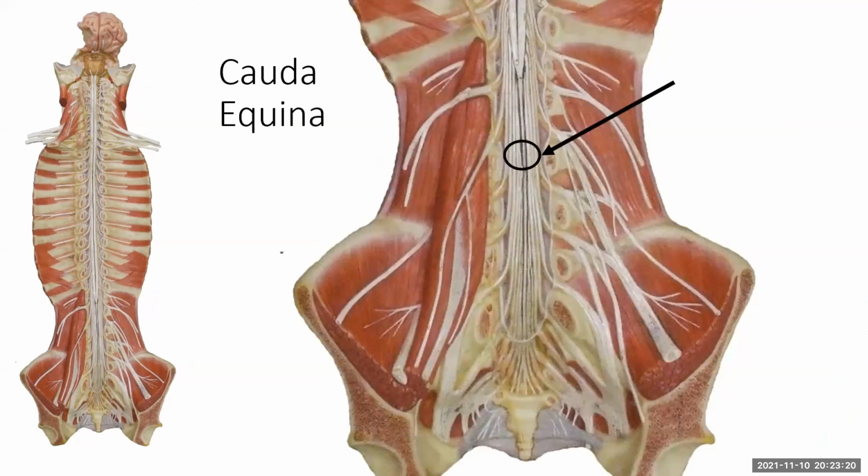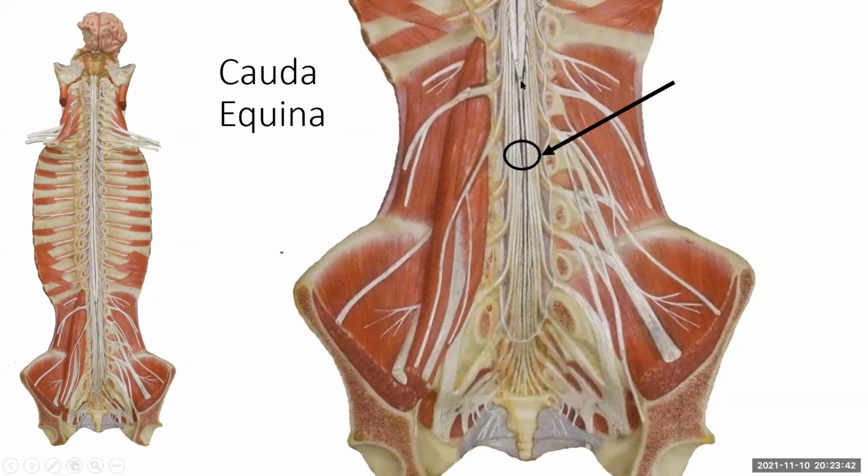And here you can see the cauda equina. This is after the spinal cord has terminated and you have your spinal nerve roots hanging down here. And you'll notice right here in the middle, this structure looks like a nerve, but it's not.